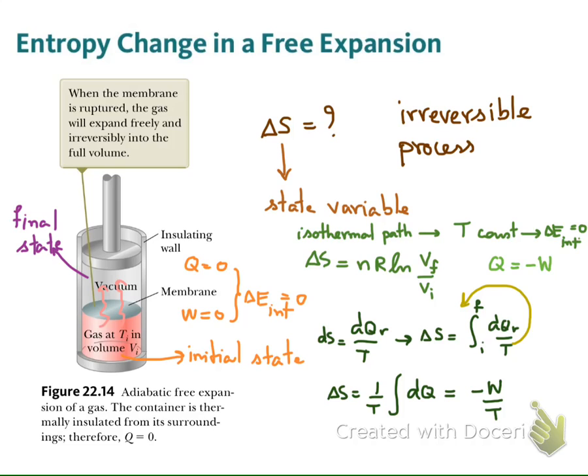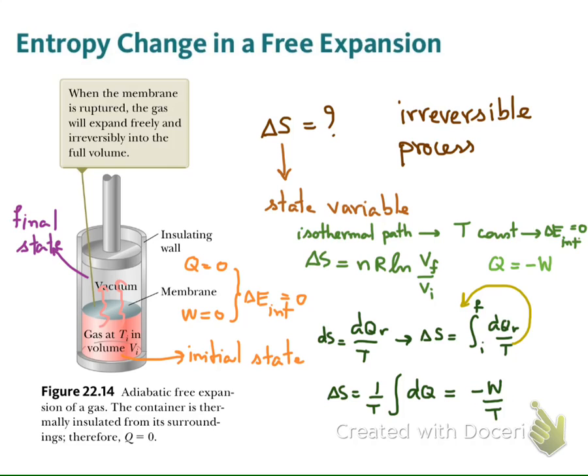Okay, here this is the expansion. So the work done on the system is negative. So we must have that minus W is positive.